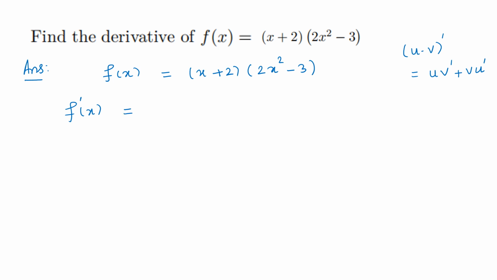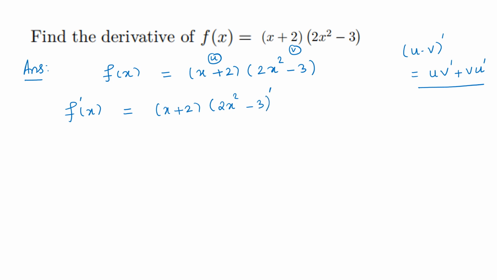By the rule, here u is x plus 2. This is our v. v is 2x squared minus 3. So I can use this formula. I can take x plus 2 and the derivative of v, I am writing (2x squared minus 3) derivative.